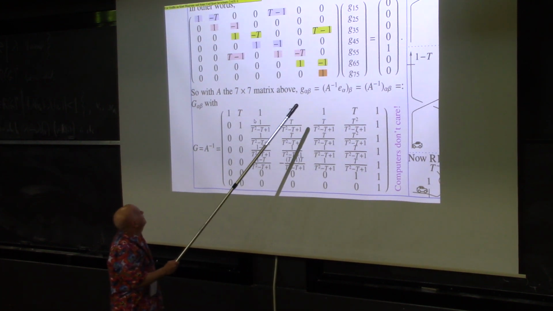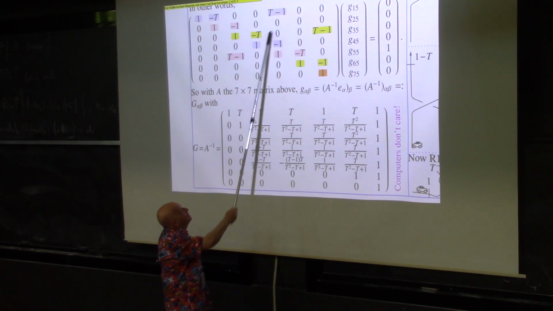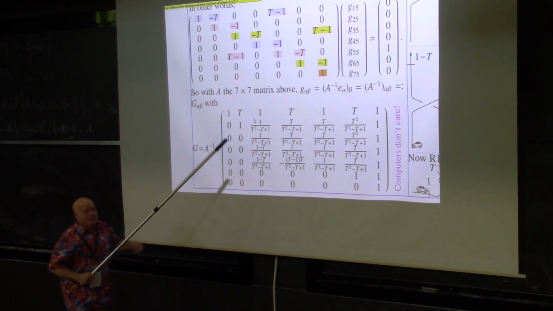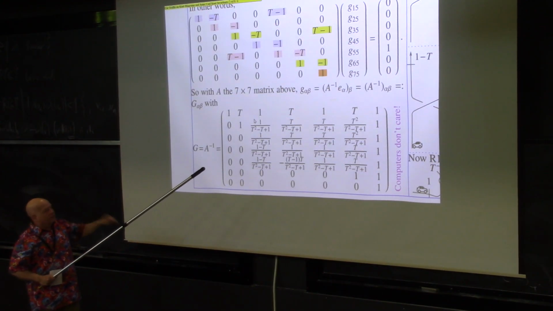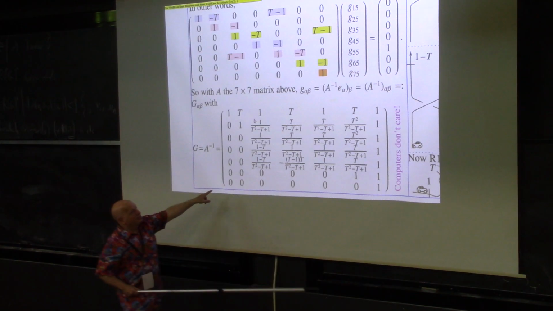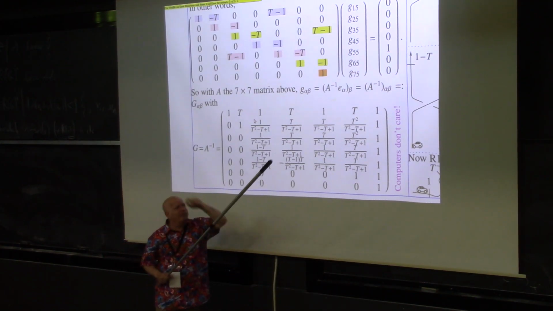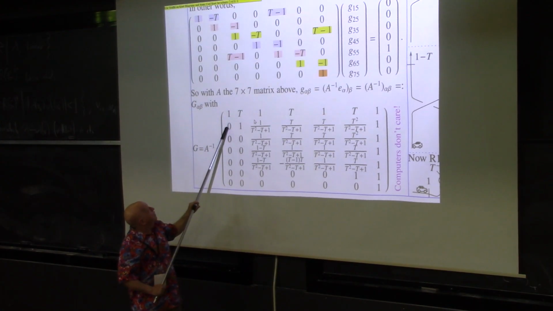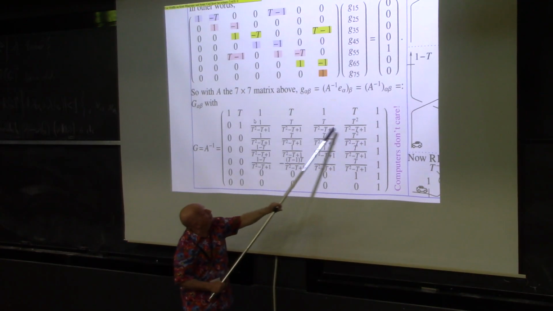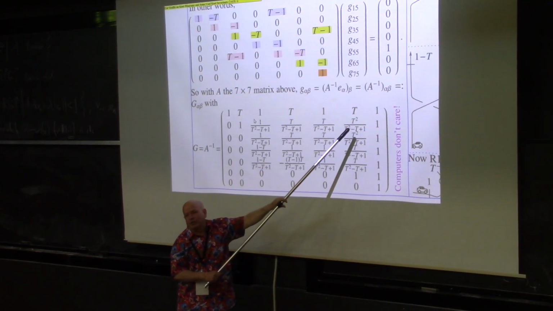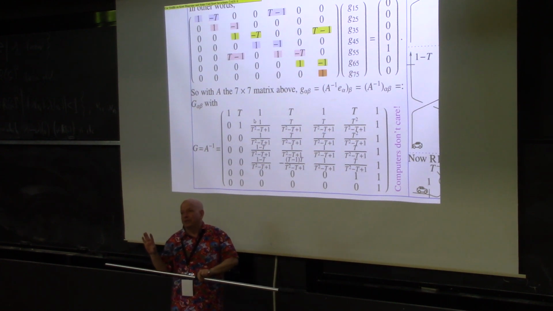So G alpha beta is just the alpha beta entry of the inverse matrix of the matrix A that I wrote here. And you type the matrix A into your computer, you hit inverse, and that's what it comes out to be. And so if you inject, what did I say? Inject traffic at 2 and read out at 5. So 2, 1, 2, 3, 4, 5. So that's how much traffic you're going to measure. Is it clear? Is this okay?